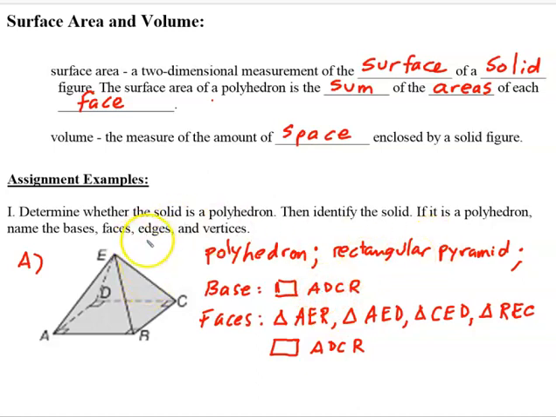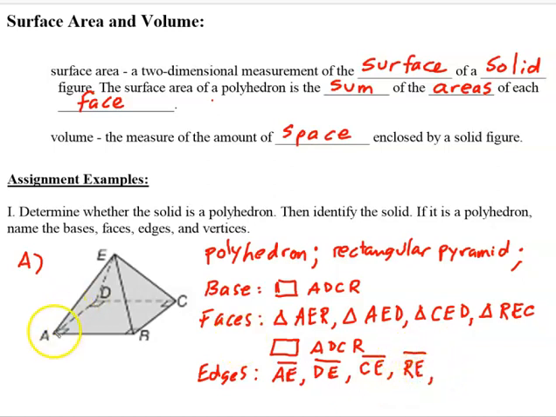All right, and so now we'll do the edges, and edges are going to be line segments. So for example, we have edge AE, DE, CE, RE, AD, DC, CR, and AR.